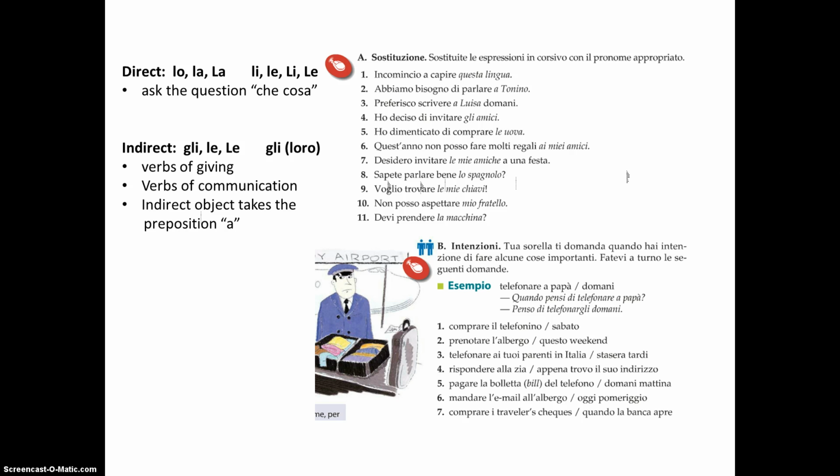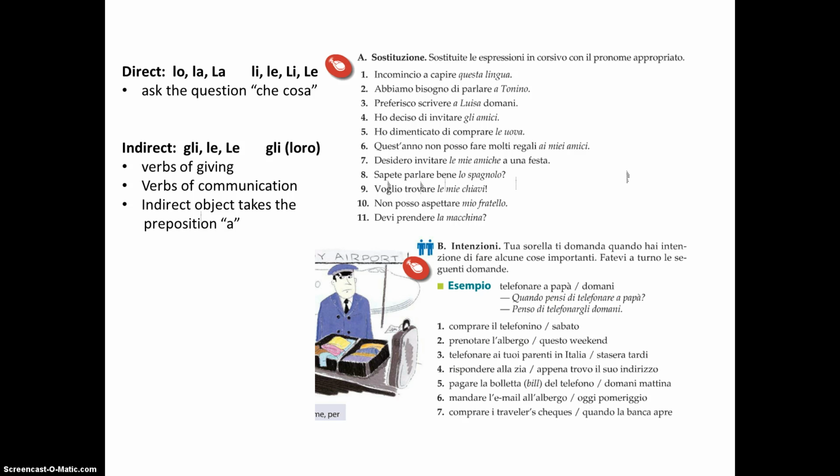Number 4, ho deciso di invitare gli amici. Here we have che cosa invito? Invito gli amici. So we have a direct object. It's plural and it's masculine. So we go to the direct objects, masculine plural, li. Ho deciso di invitarli.